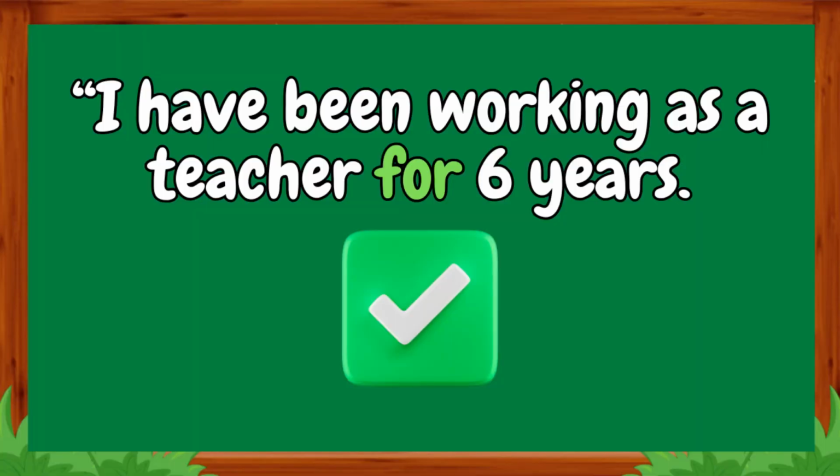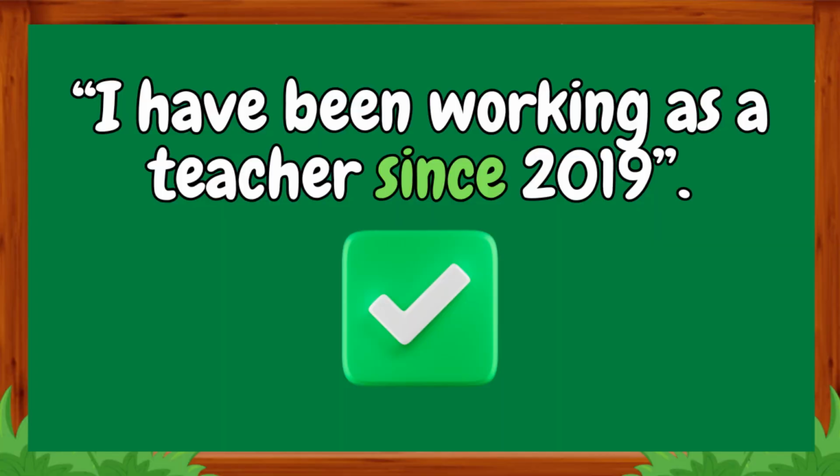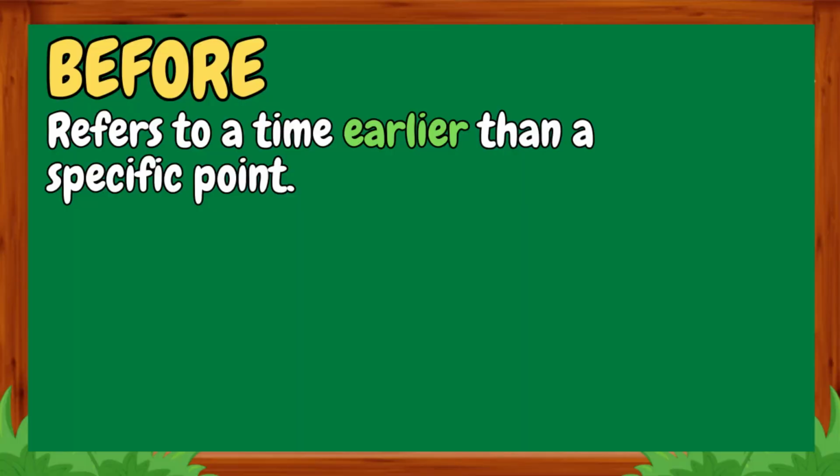So you can say, I have been working as a teacher for 6 years, or I have been working as a teacher since 2019. So don't get confused on when you must use for and when you must use since.